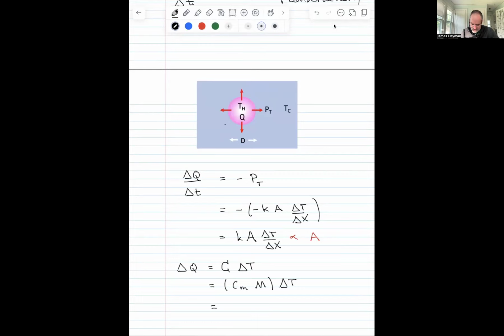And the mass can be written as the density times the volume.